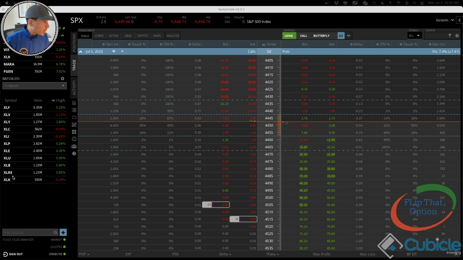So I'm always looking to see whether or not XLK is in the red or in the green. And anytime you see the SPX making a significant move to the upside, you can best believe that the XLK is going to be over 1% to the upside, in the green.